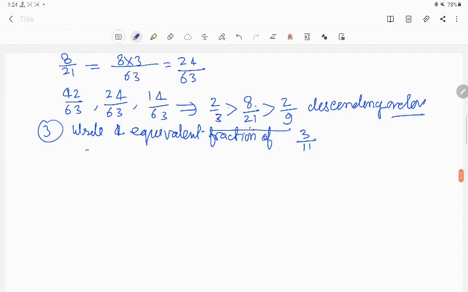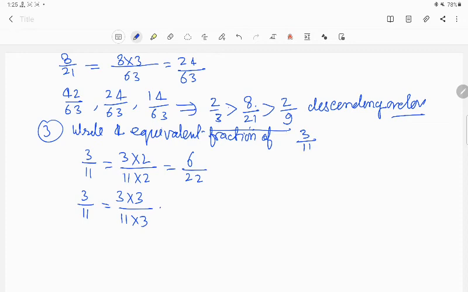First, 3 by 11 is equal to 3 into 2 and 11 into 2. You multiply by 2 with numerator and denominator, that is 6 by 22. 3 by 11 is equal to 3 into 3 by 11 into 3, 9 by 33. 3 by 11 is equal to 3 into 4, 11 into 4 is equal to 12 by 44.